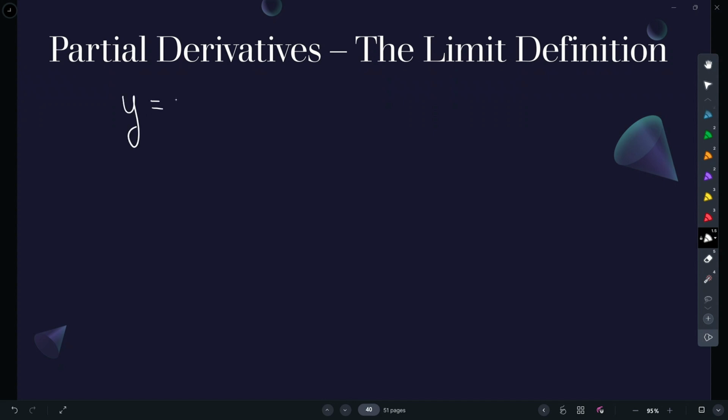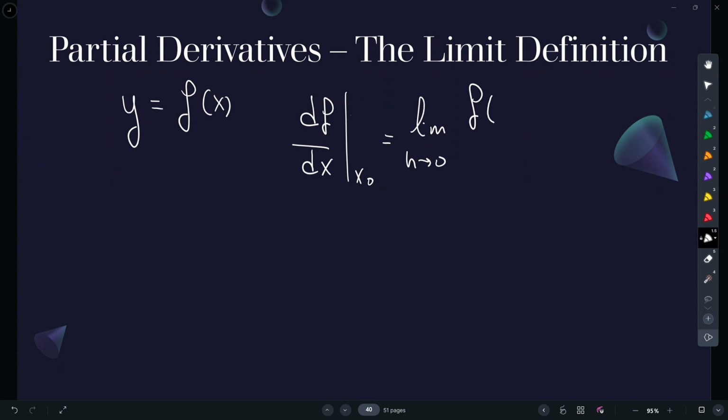Just to remind you, if I have a function of one variable, the derivative at x naught was the limit as h goes to 0 of f of x naught plus h minus f of x naught, divided by h.